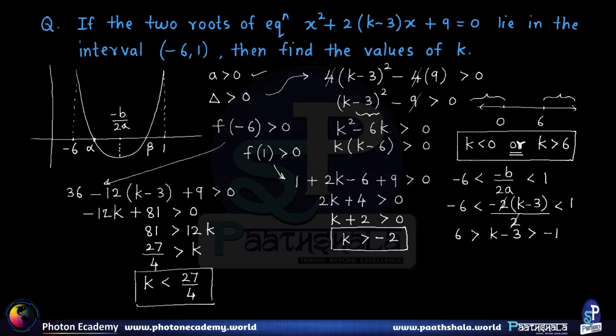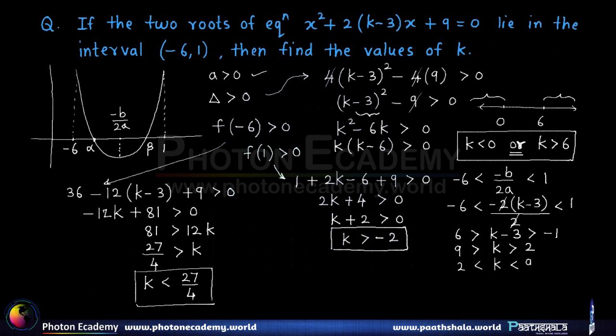So that gives us 9 greater than k greater than 2 if we add 3 throughout. Just writing it another way, 2 should be less than k should be less than 9. So k must lie between 2 and 9.